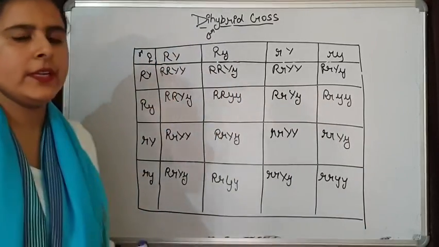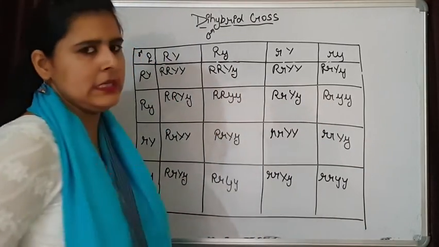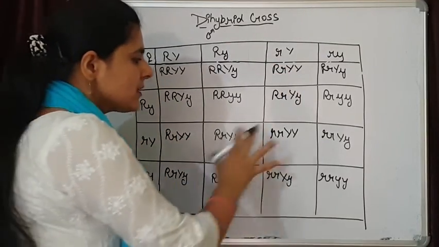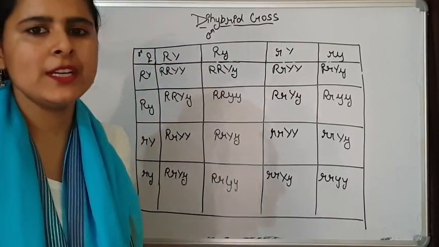So I have written all the possibilities. See, 4 and 4 gametes were there, so 16 progenies we can see in this Punnett square.